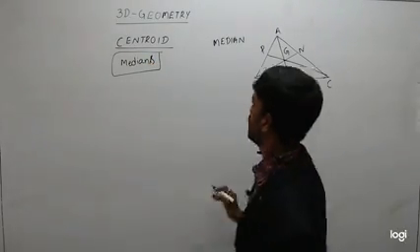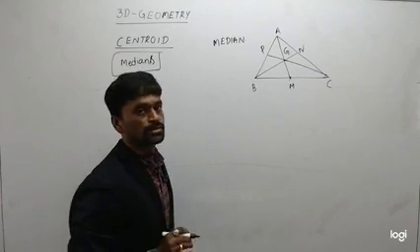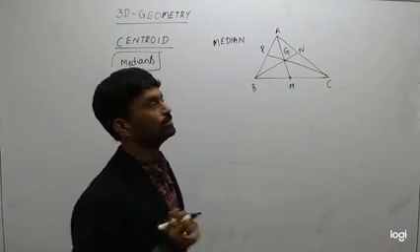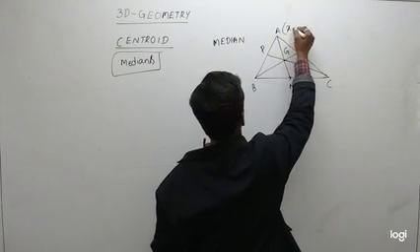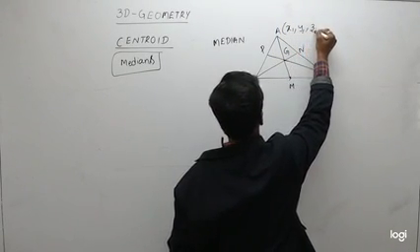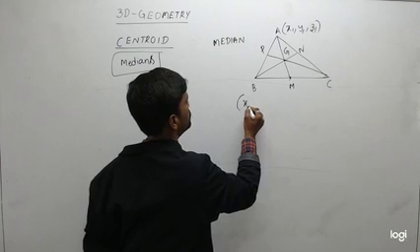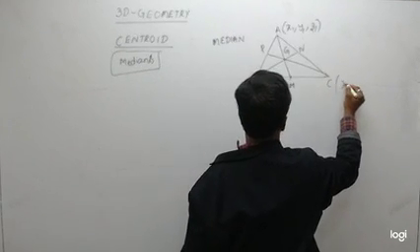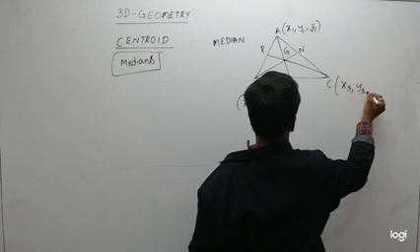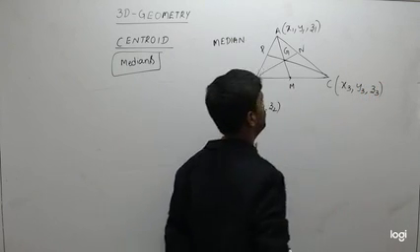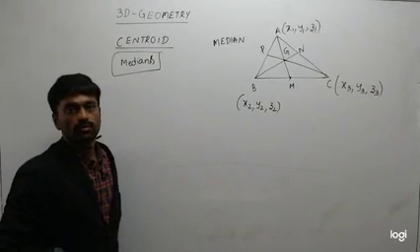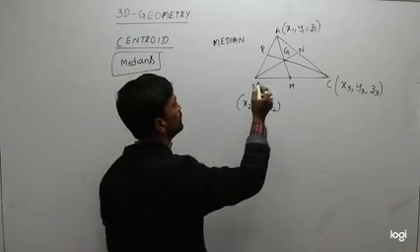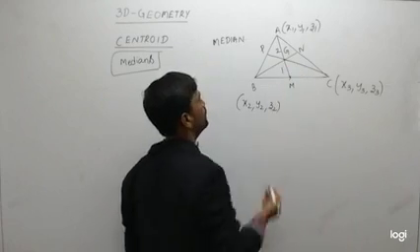Okay. So now, how to find the coordinates of the centroid if you know the coordinates of the vertices of the triangle. Suppose A is x1, y1, z1. B coordinates are x2, y2, z2. C coordinates are x3, y3, z3. From geometry we know that the centroid divides each median in the ratio 2 is to 1 internally.